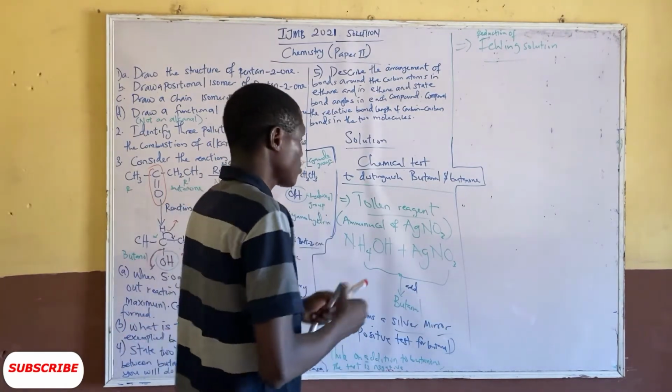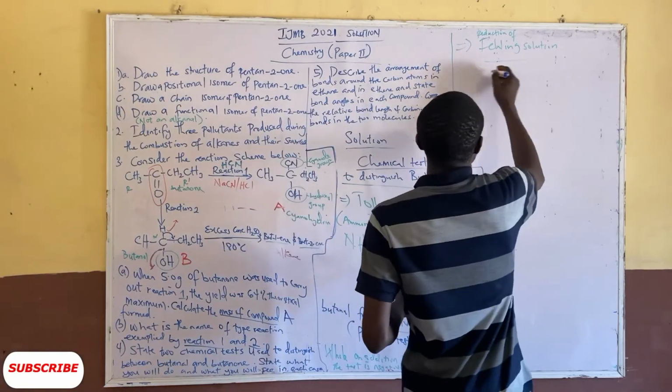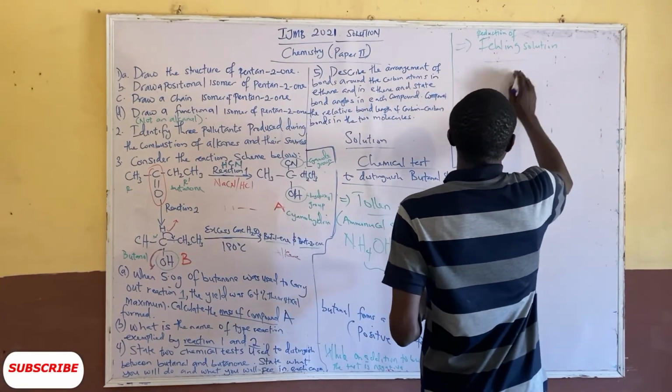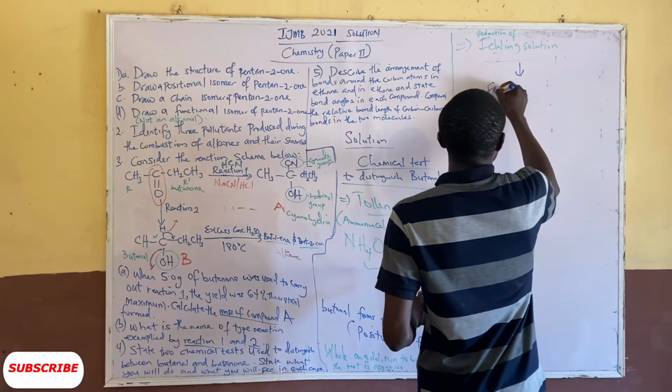For instance, Fehling's solution consists of Fehling's solution A.